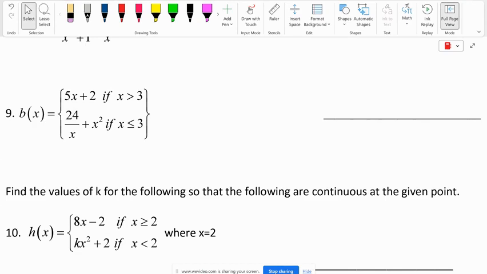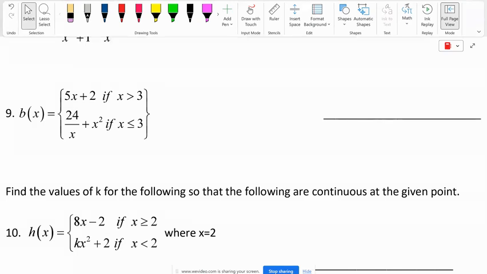So now let's go to the second one. We have 24 over x plus x squared. So now do I have a denominator? Yes, I have a denominator and there's x in it. So now we have to consider our restriction. This piece is only for x less than or equal to 3. So if x is greater than 3, it's not considered in the domain.